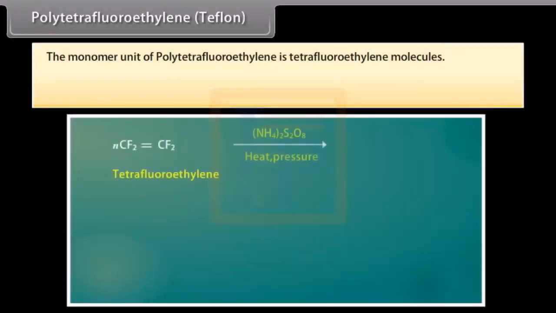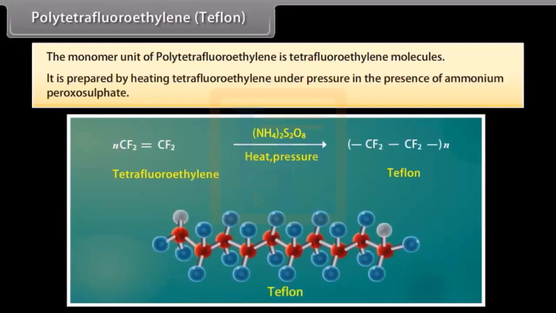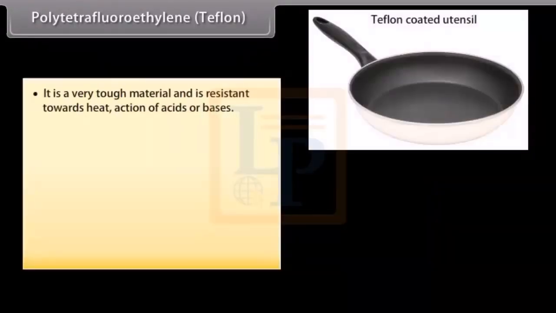Polytetrafluoroethylene, Teflon. The monomer unit of polytetrafluoroethylene is tetrafluoroethylene. It is prepared by heating tetrafluoroethylene under pressure in the presence of ammonium peroxosulfate. It is a very tough material and is resistant towards heat and the action of acids or bases.